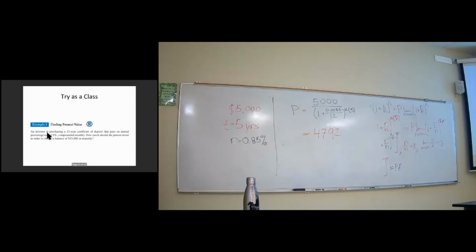So having said that, a couple examples. Another example is, hey, a certificate of deposit, a CD. This is for 12 years at a rate of 8%. And we want to know how much we have to invest in order to have 15K at the end of those 12 years, assuming a rate of 8% compounded monthly.